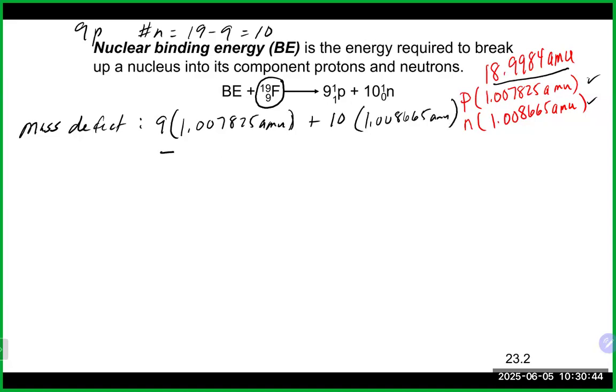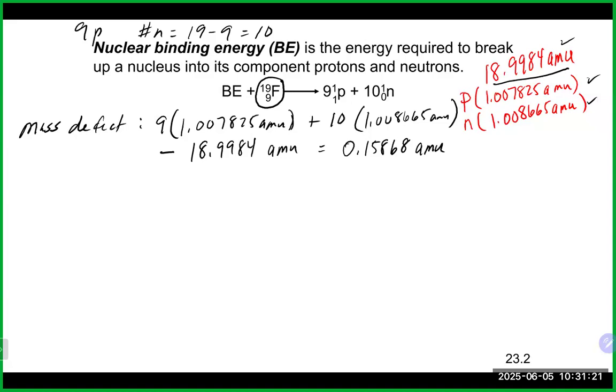And then we subtract that from the atomic mass of the isotope, which is in this case 18.9984 AMU. If we do that, that will give us our mass defect, which is in this case about 0.158, we'll round it there, 68 AMU.